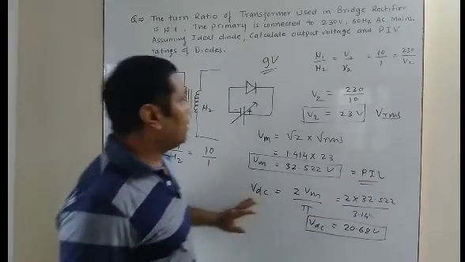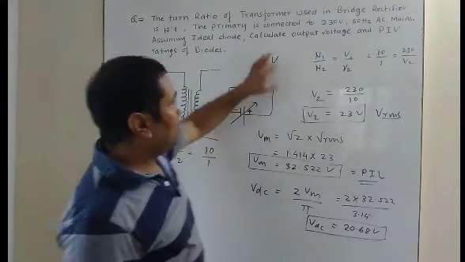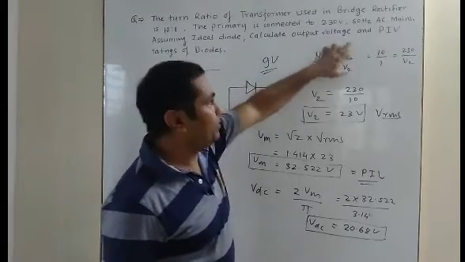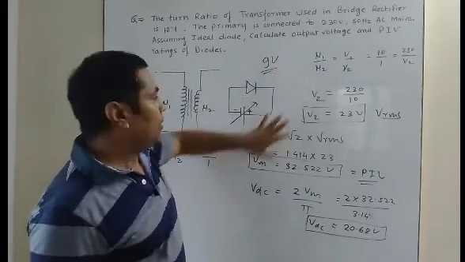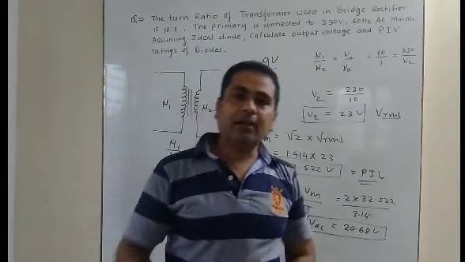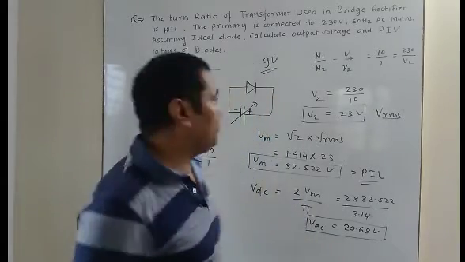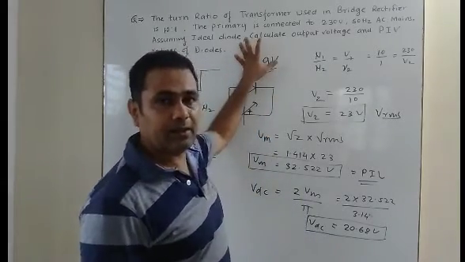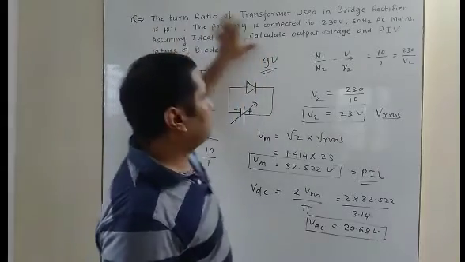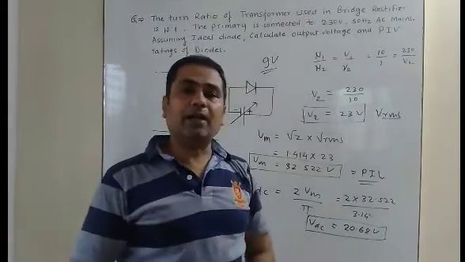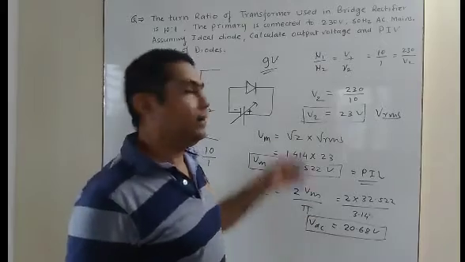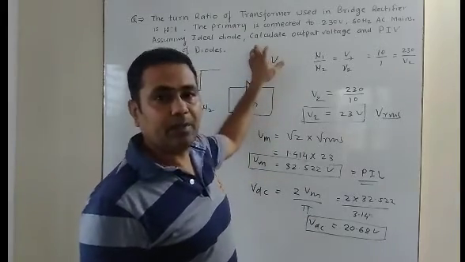So in this way we can find the DC output voltage and peak inverse voltage rating. For solving any kind of problem, we have to imagine the diagram of the rectifier. In the given data, we first have to identify which kind of rectifier is asked in the example.